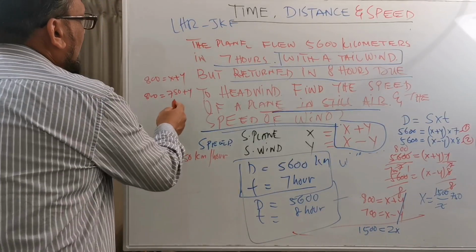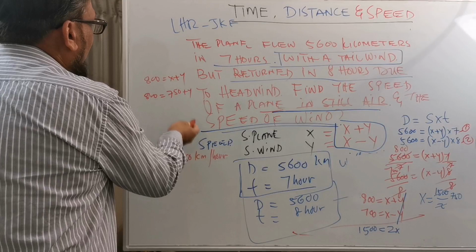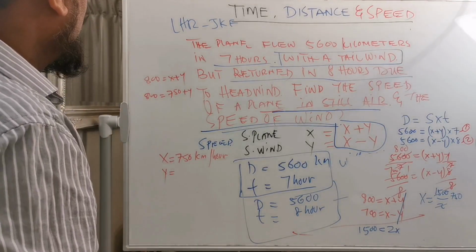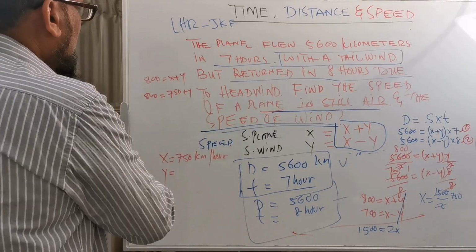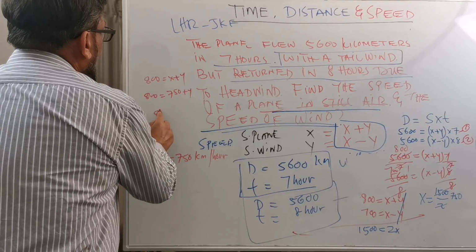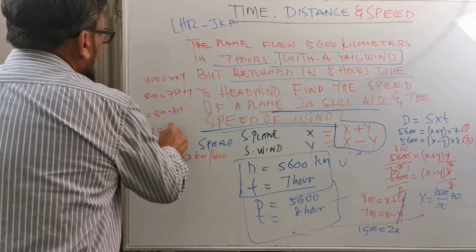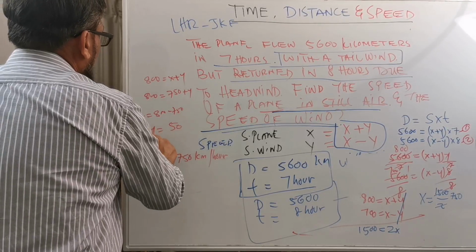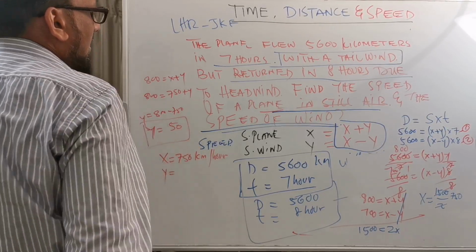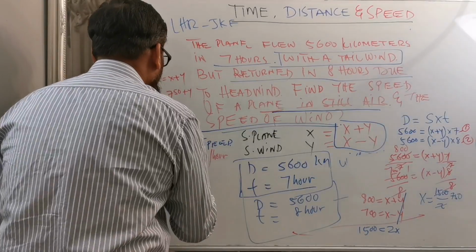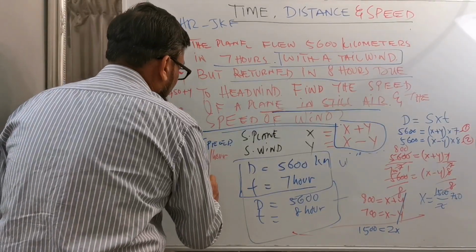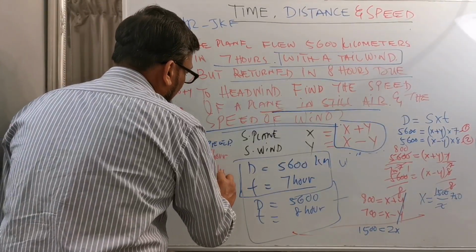So if I cancel 750 from this side, I need to subtract 750 from the other side as well. So 800 take away 750 is equal to y. So y equal to 50. So the speed of wind is 50 kilometer per hour.